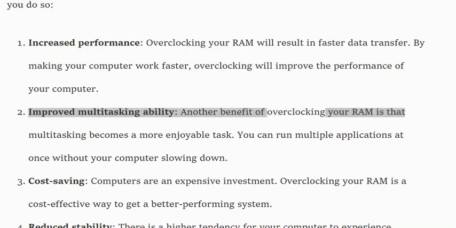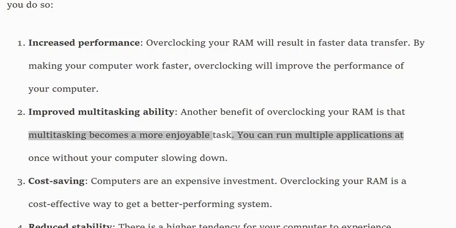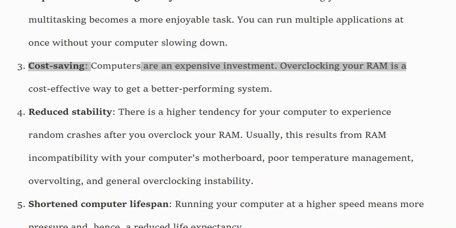Another benefit of overclocking your RAM is that multitasking becomes a more enjoyable task. You can run multiple applications at once without your computer slowing down. Cost saving. Computers are an expensive investment. Overclocking your RAM is a cost-effective way to get a better performing system.